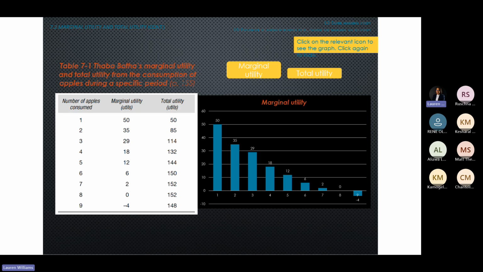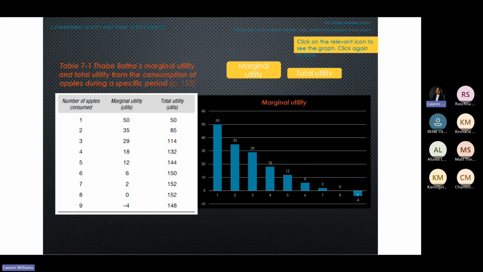And then, so here it's increasing from 1 to 2, the consumption of 1 apple to the consumption of 2 apples. It increases quite steeply. So it's increasing at an increasing rate. Okay. Then the consumption of that third apple still increasing at an increasing rate, but you can see there it's getting less.